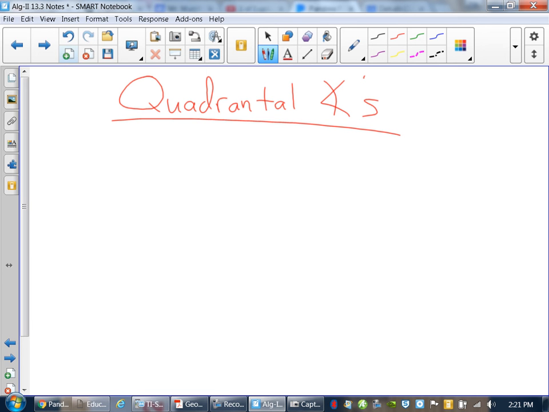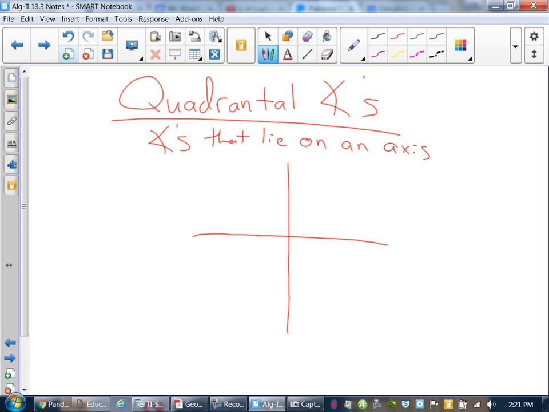Your quadrantal angles are the angles that lie on an axis. Those are 0, 90, 180, 270. Zero, pi over 2, pi, 3 pi over 2, 2 pi. 0, 90, 180, 270, 360.